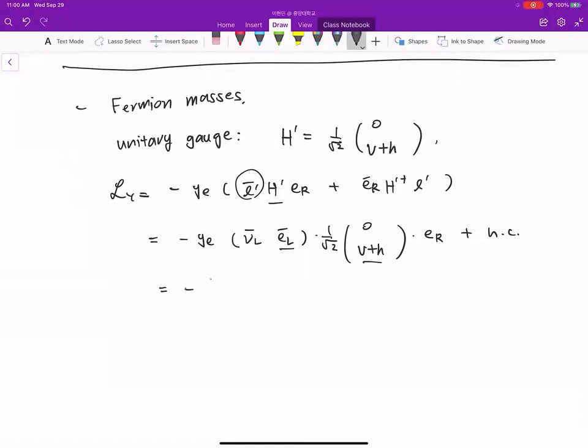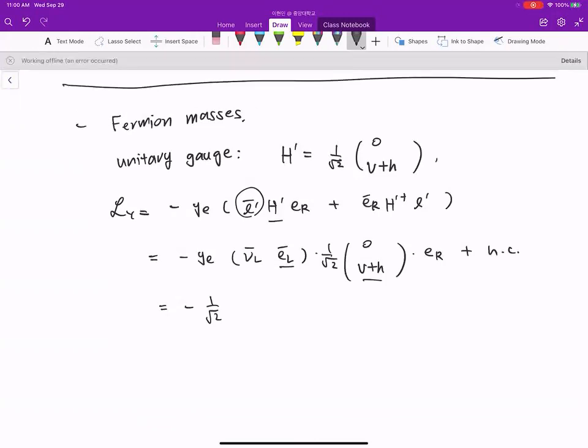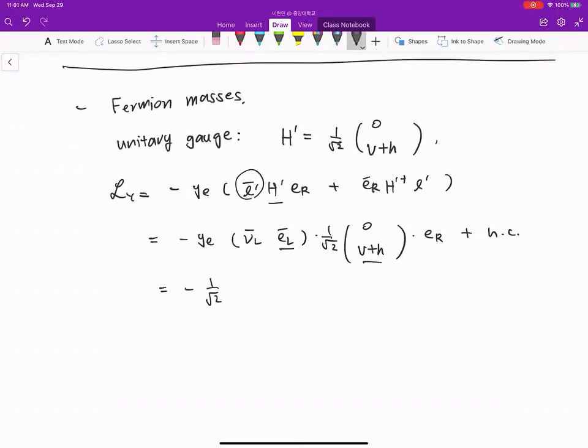Even if it looks like there is an interaction to neutrinos, in the unitary gauge there is no interaction to neutrinos. But whether or not the neutrino has an interaction to the Higgs is a gauge dependent statement.